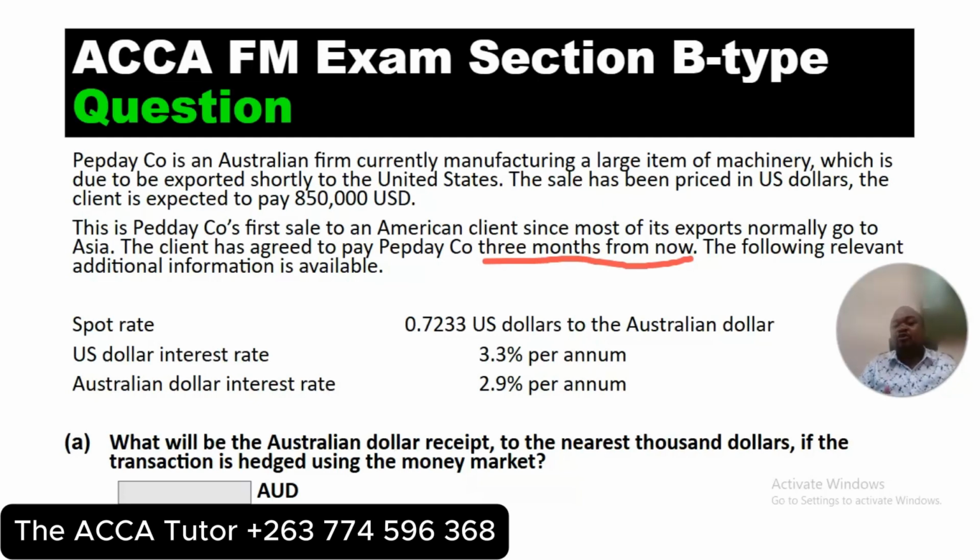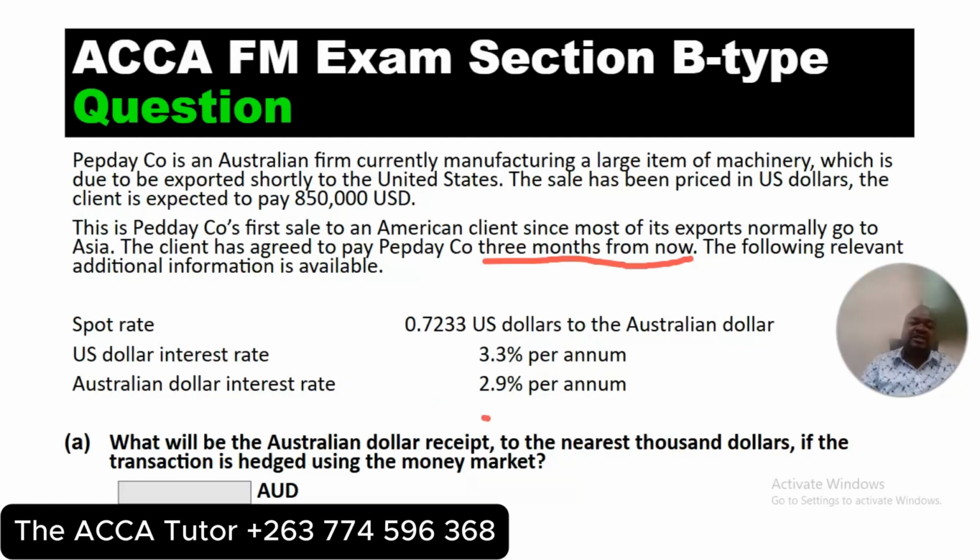So those are annual rates, right? And we have been told this is a 3 months issue. So obviously we need to adjust to prorate our rates there. What will be the Australian dollar receipt to the nearest $1,000 if the transaction is hedged using the money market?